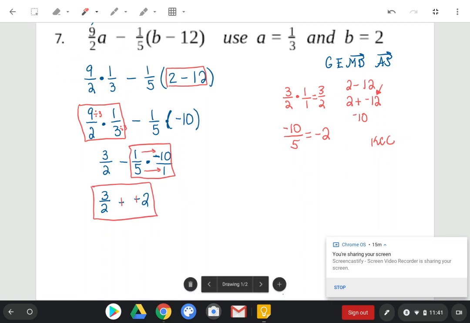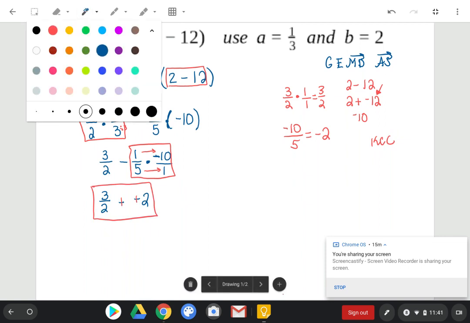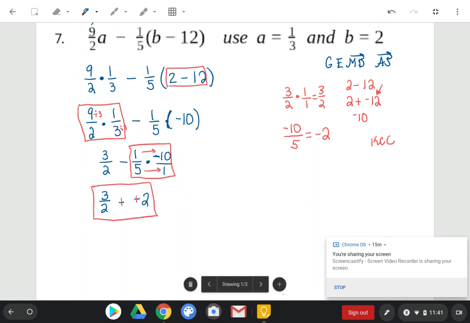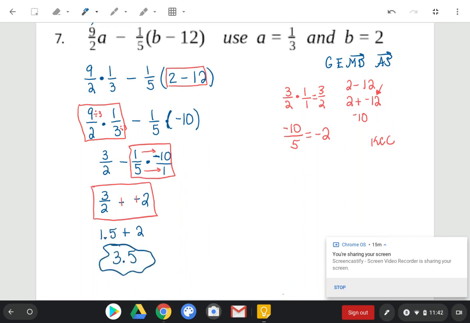I choose to turn the fraction into a decimal. 3/2 is the same thing as 1.5. So I have 1.5 plus a positive 2. And 1.5 plus a positive 2 is just equal to 3.5. And that is our answer.